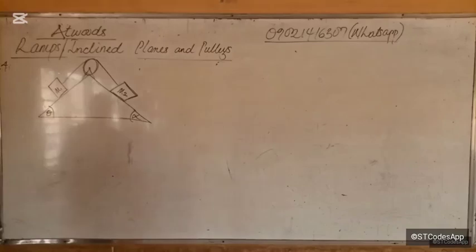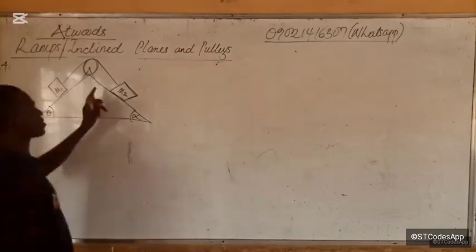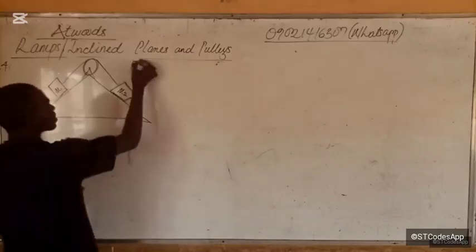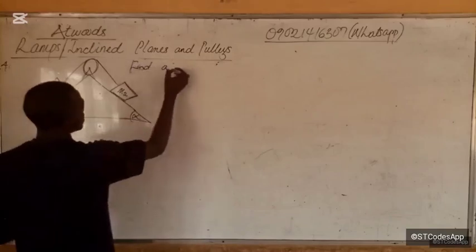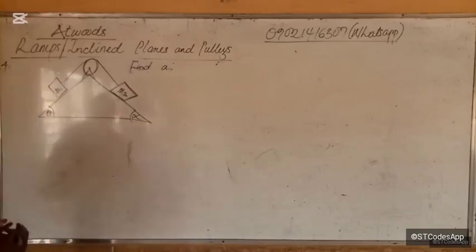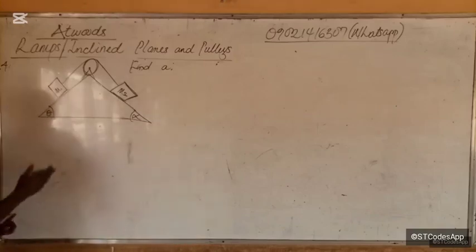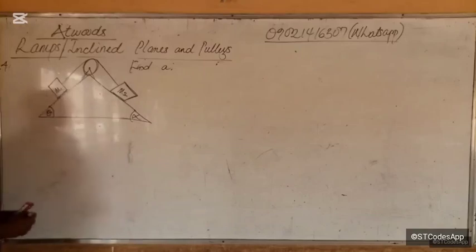All right. So if you had a system like this, and you are told to find acceleration of the system, find a of the system, it's very simple. I won't be having to prove anything again now because I've told you how to prove this on incline, the second one that we did.